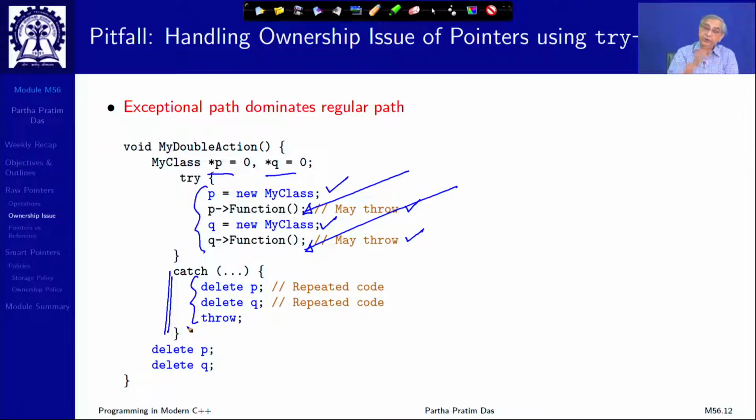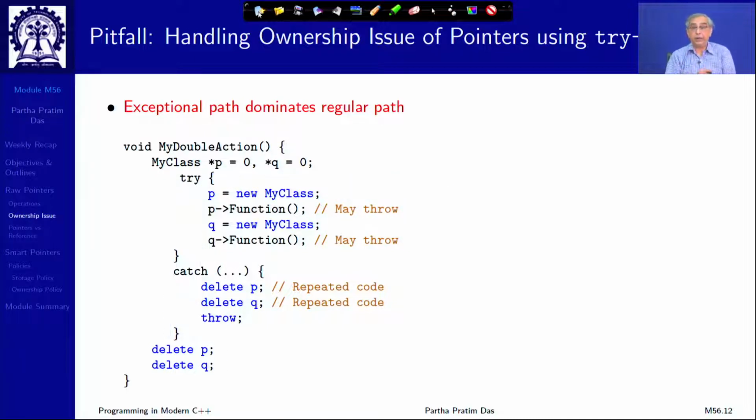But if they do not throw, then these do not happen, so I have to delete them anyway. So the same code gets repeated in multiple contexts. That is the basic problem that is going to happen in case of using raw pointers.